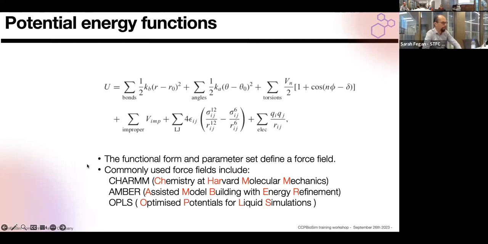So we also need ways to compute energies of these molecules at any different alchemical states. So we use a typical force field for that, which you're probably already familiar with in some way or another.